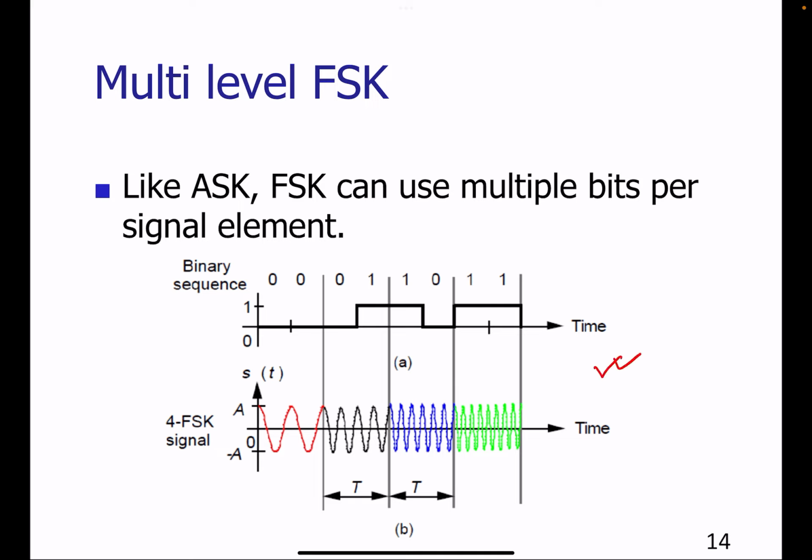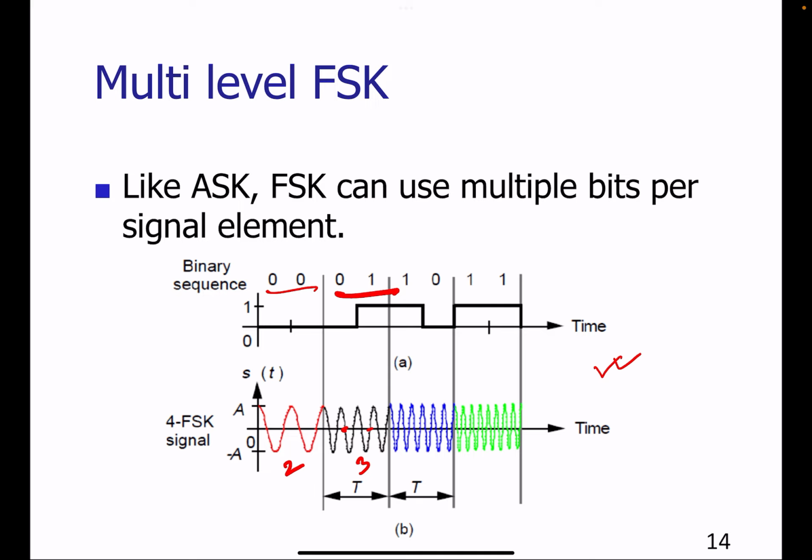As you can see here, we are trying to send 2 bits for each signal element. So based on this, we have changed the frequencies for each binary sequence. For 00, the frequency will be 2. For 01, the frequency will be 3.